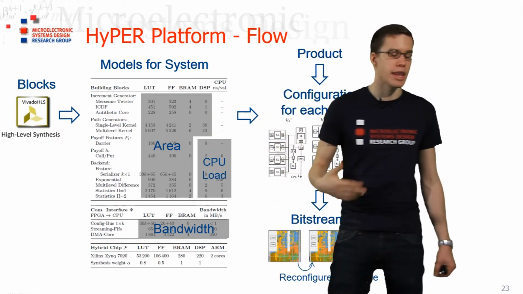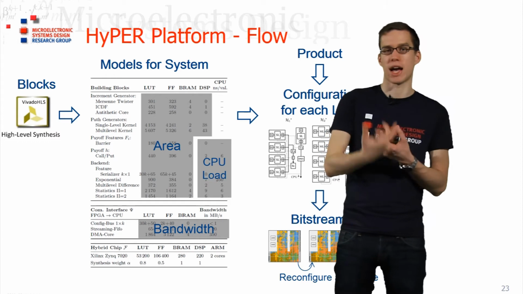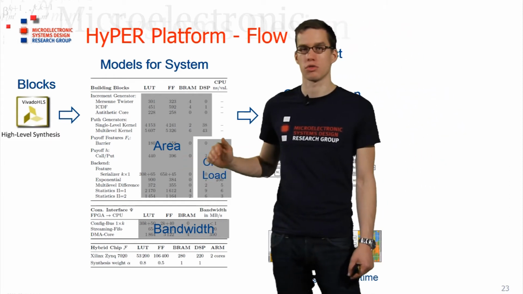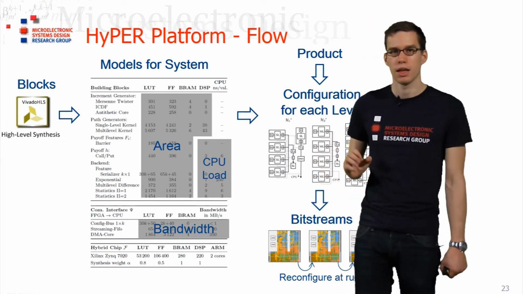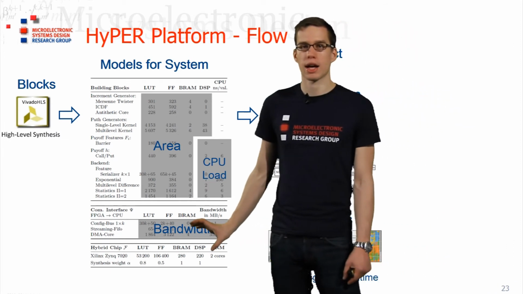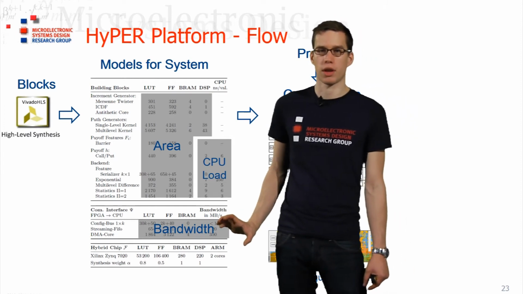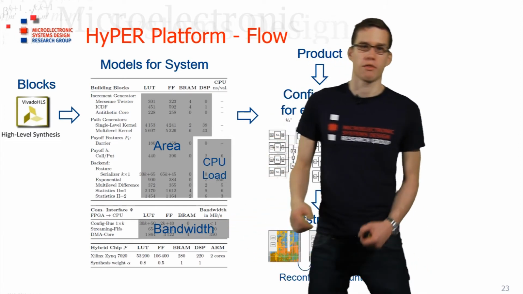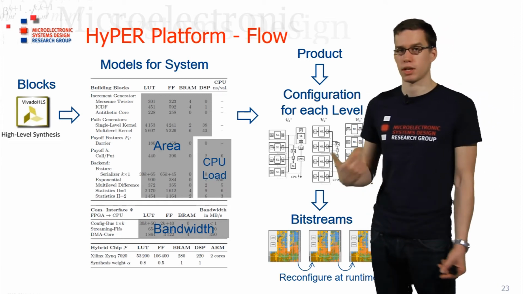So how many nanoseconds does it need on the CPU per input value to run this kind of block. And also we can look at all the different bandwidth options we have on our Hyper system for serial FIFOs, for DMAs, and for register access.